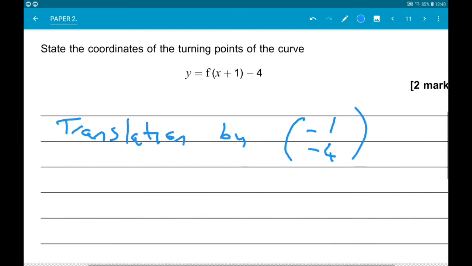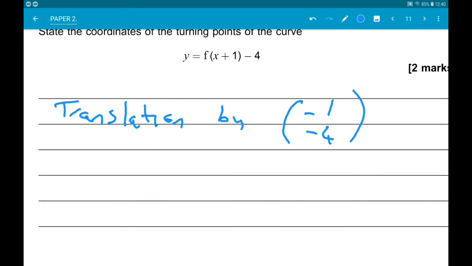So 7/3, 4/27 is going to map to 4/3 and then 4/27 minus 108/27, so minus 104/27.